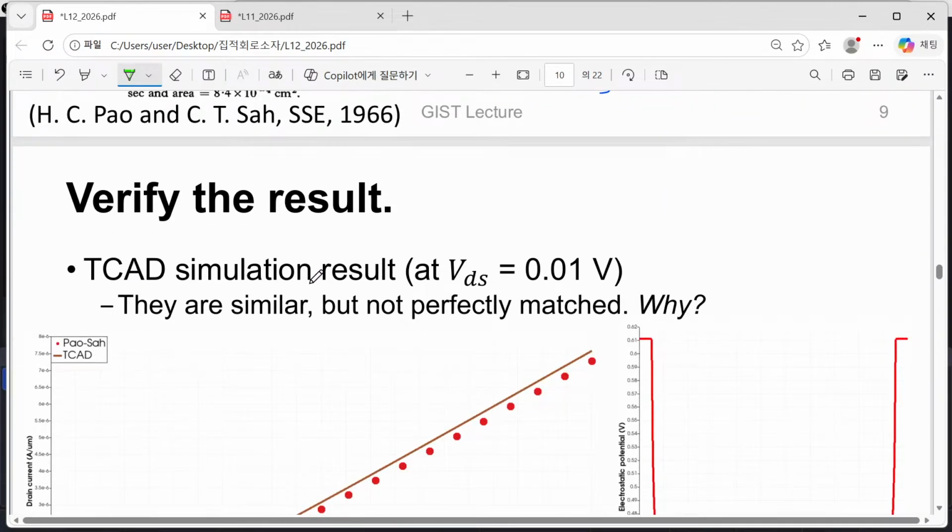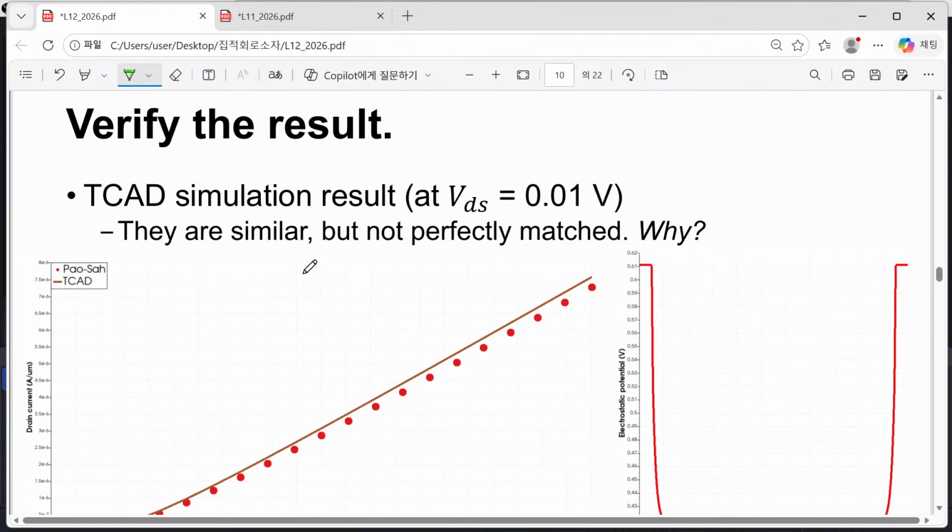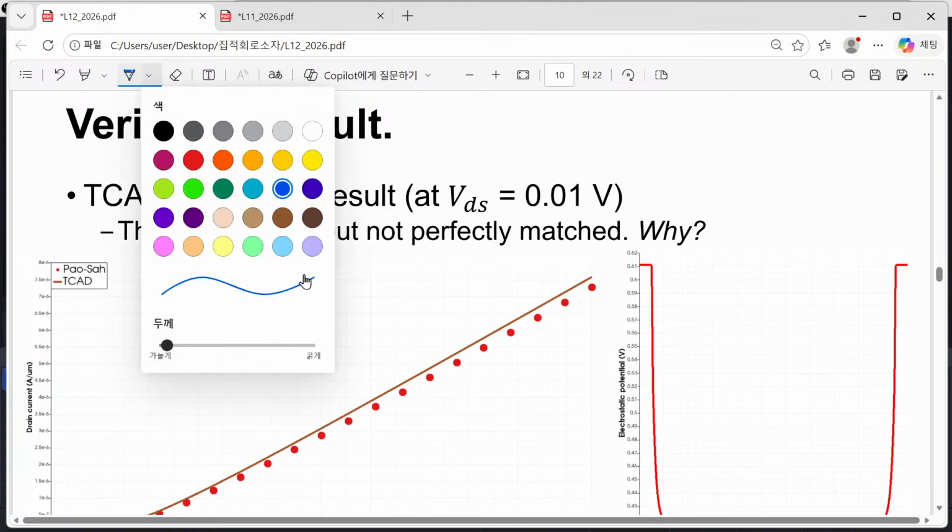Okay. So finally, my discussion about Pao-Sah integration ends with the comparison with a more rigorous one. What is the meaning of a more rigorous one? We have already done it quite reasonably. Yes, Pao-Sah is really rigorous, and we have done our best to get a rigorous result.